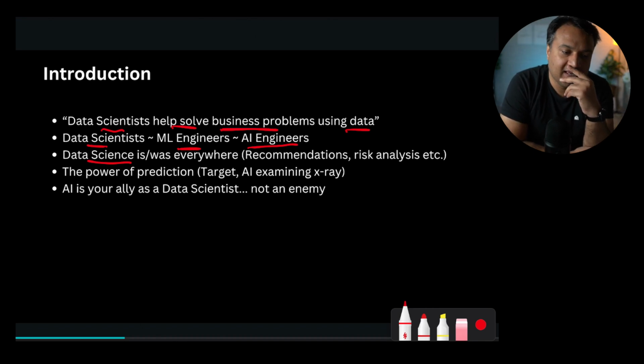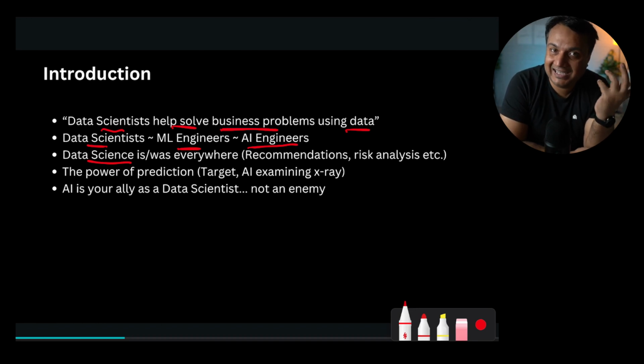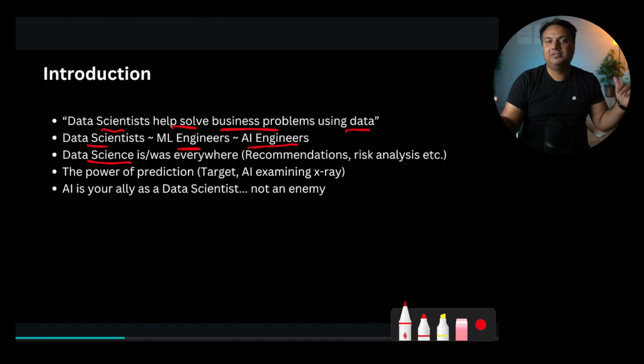From AI. And same goes for a lot of other things you use on a daily basis. Amazon recommendations, again AI. When you make a transaction with your bank, and you get that alert that it might be a fraudulent transaction, there is an AI system behind the scenes which is inspecting every single transaction you make. So AI has been everywhere.